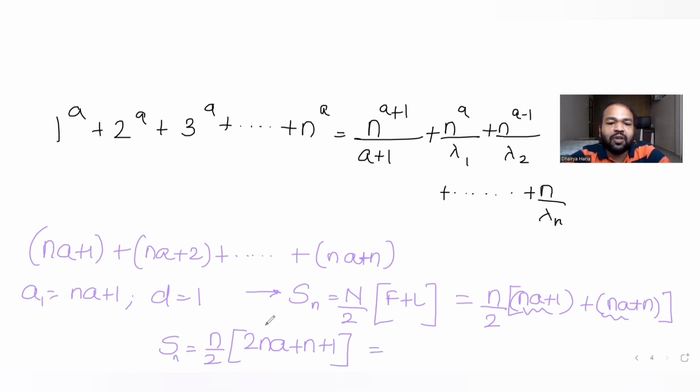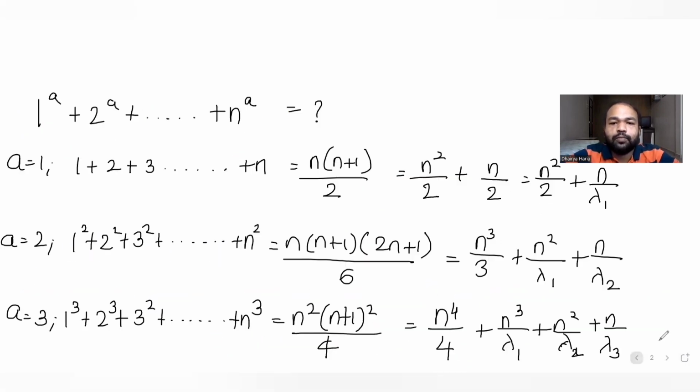If you solve this further, the 2 gets cancelled. If you multiply n by 2 with the first term, the 2 gets cancelled, and you get n square a. So a n square plus n into n, it becomes n square again by 2, plus n by 2. So I have already got the sum here.